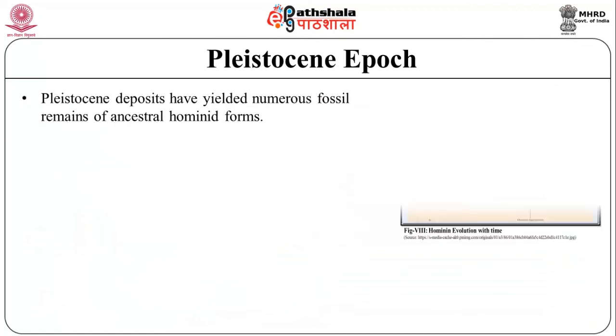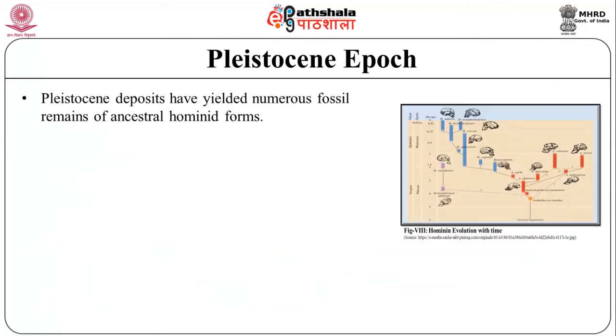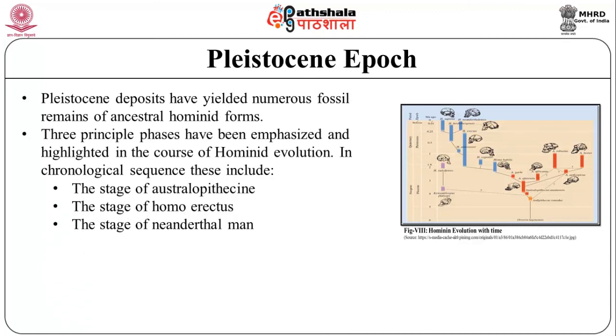Pleistocene deposits have yielded numerous fossil remains of hominid forms. Three principal phases have been emphasized and highlighted in the course of hominid evolution. In chronological sequence, these include the stage of Australopithecus, the stage of Homo erectus, and the stage of Neanderthal man, as reported by Das in 2008.